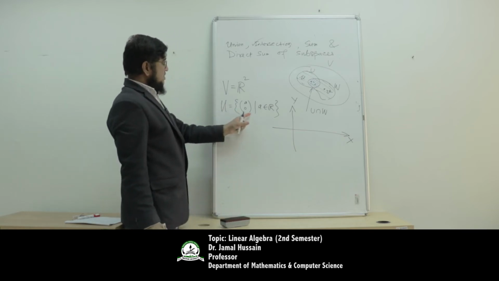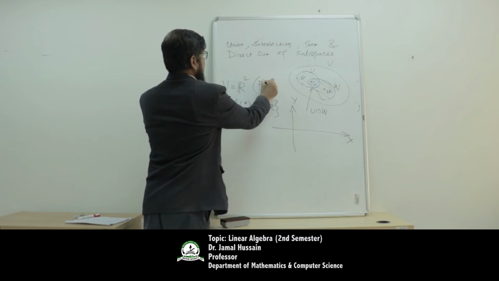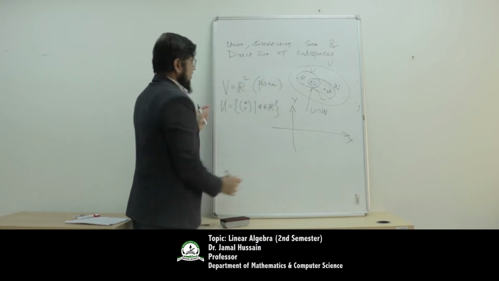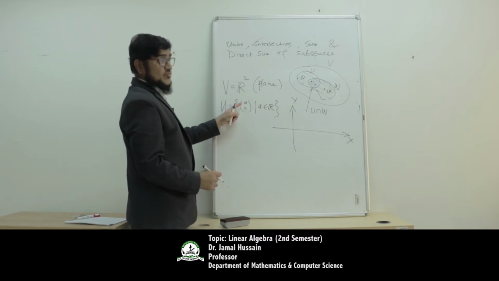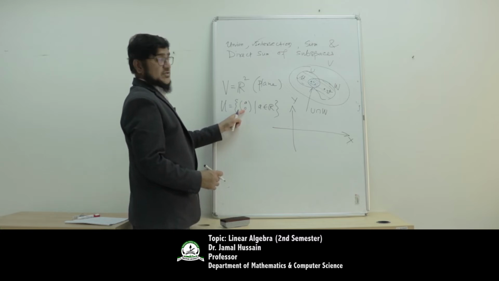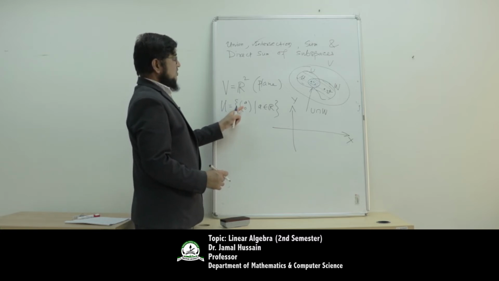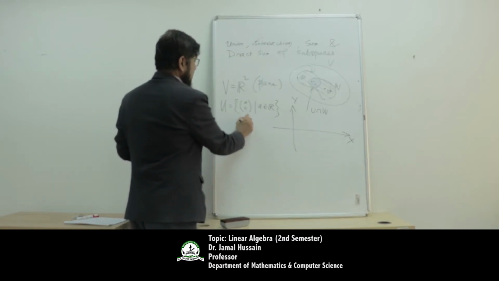So what is this? It is not the whole two-dimensional plane. It is all the vectors of the form where the first component is some real number and the second is always 0. We know these are nothing but points on the x-axis. So this is the x-axis.